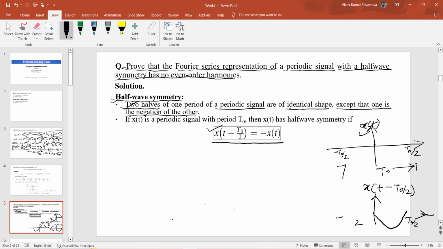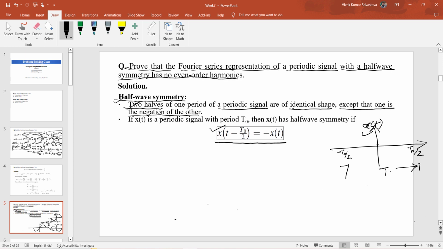Now we have to move ahead and prove that a half wave symmetric signal does not have any even order harmonics. Let us try to solve this problem.